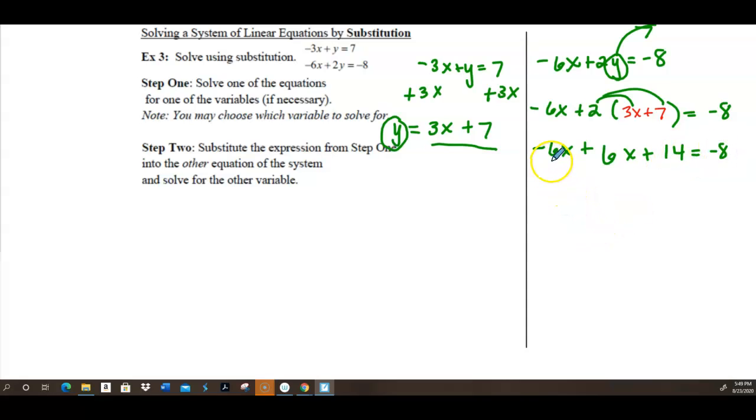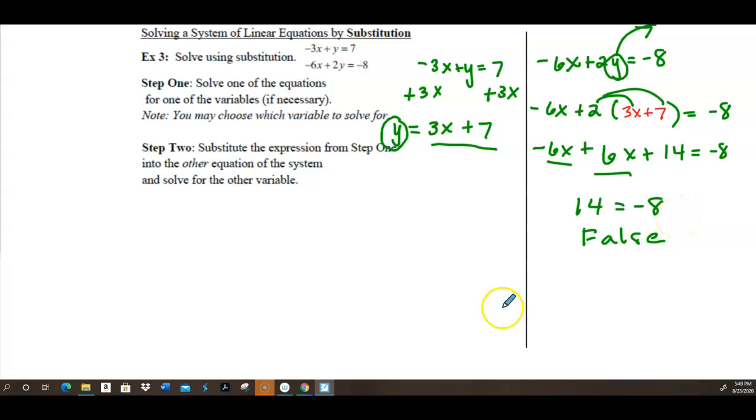Now this is going to be a strange solution because the x's just completely canceled. And if everything cancels, but this is definitely not true. If it were true, like 14 equals 14, it would be infinite solutions.